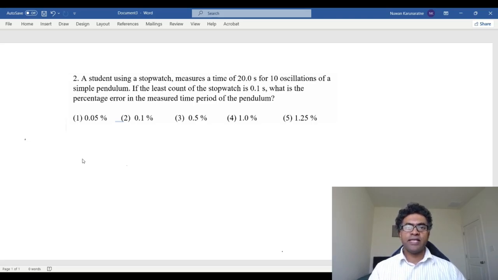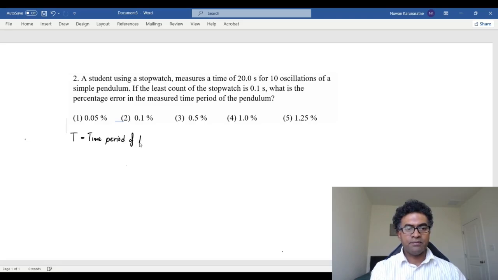First, you have to understand that there are two things in this problem. There's a stopwatch that measures the time, and then there's the simple pendulum. So let's write down things related to the simple pendulum. Let's define the time period of the simple pendulum as capital T, uppercase T. That's the time period of the pendulum.